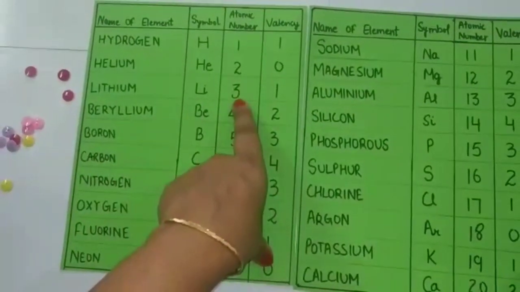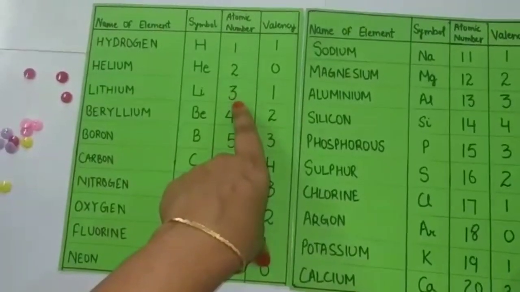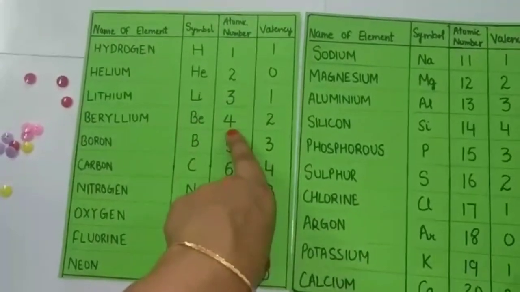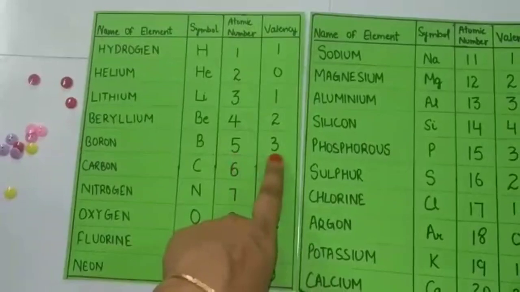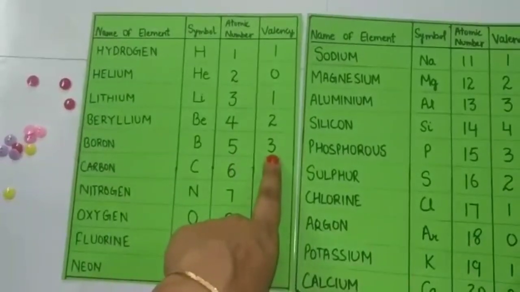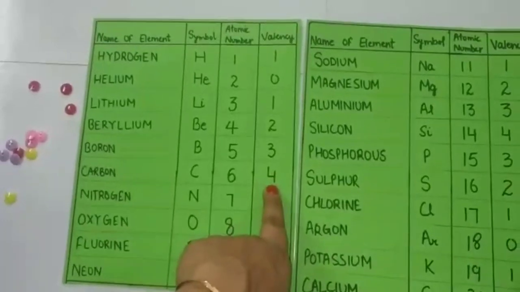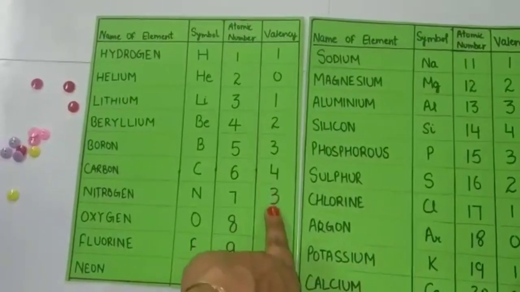Lithium has atomic number 3, meaning 3 electrons and 3 protons, so it can donate 1 electron, so the valency becomes 1. Beryllium can donate 2 electrons, valency becomes 2. Boron can donate 3 electrons, so the valency becomes 3. Carbon can donate 4 electrons or it can take 4 electrons, so the valency becomes 4.